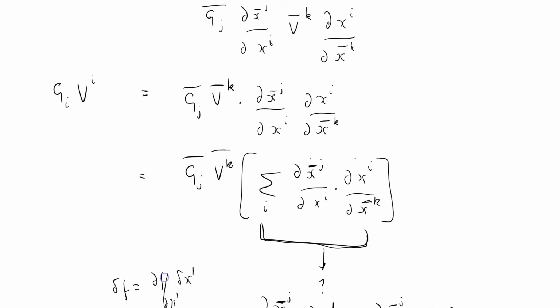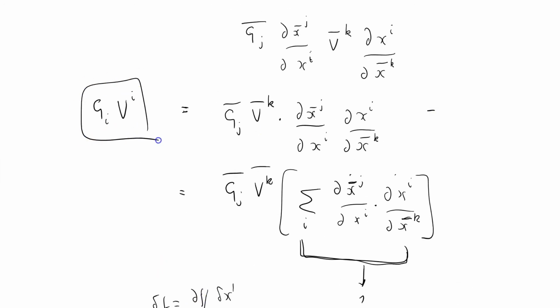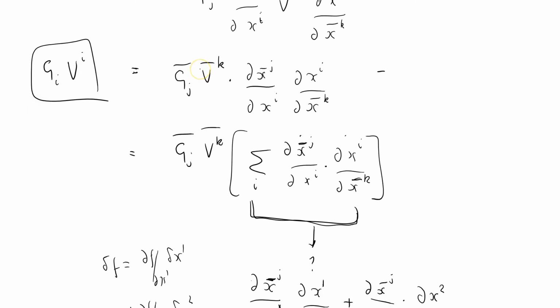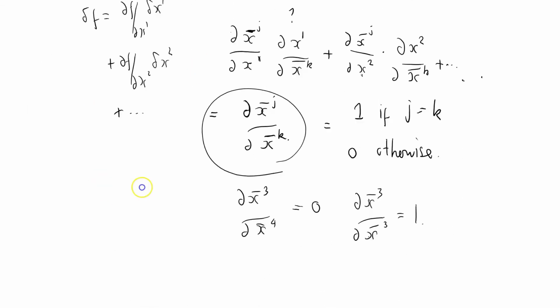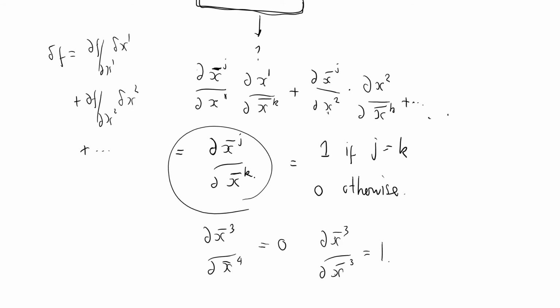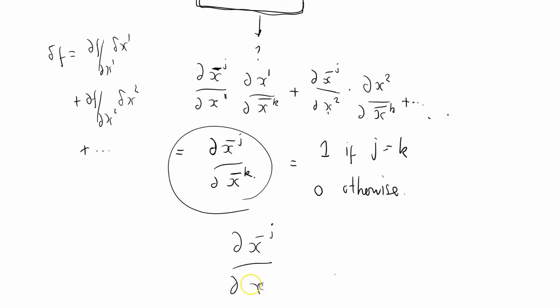Got a bit sidetracked, but I'll go back here now. So we've got GIVI equals GJVK times this thing here. Actually, now is a good time to introduce this symbol. ∂x̄ of course, it's the same without the bar, equals delta jk, the Kronecker delta.